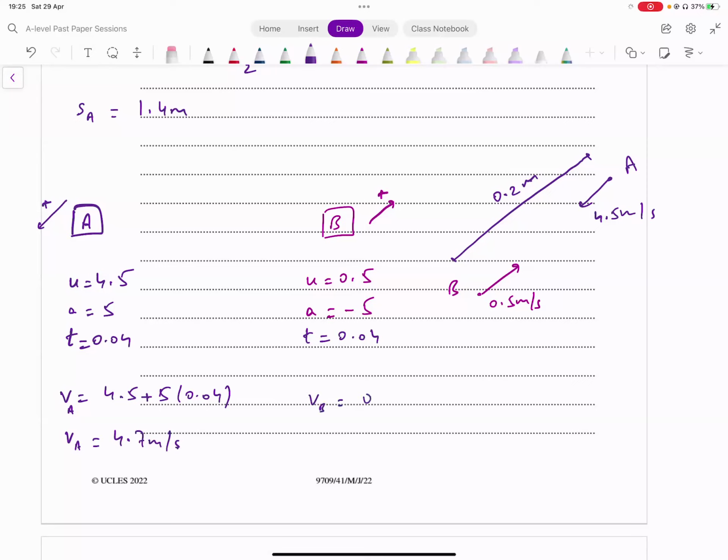U plus at again, 0.5 minus 5 into 0.04, that turns out to be 0.3 for me। Okay, ये दोनों की स्पीड्स आ गई। Now remember, what are their directions?